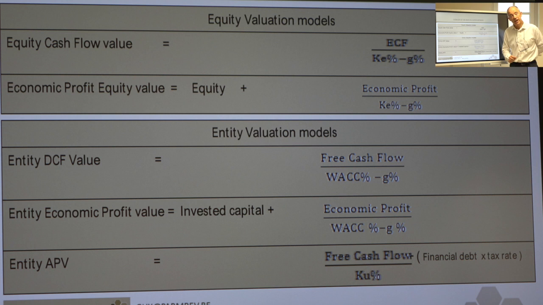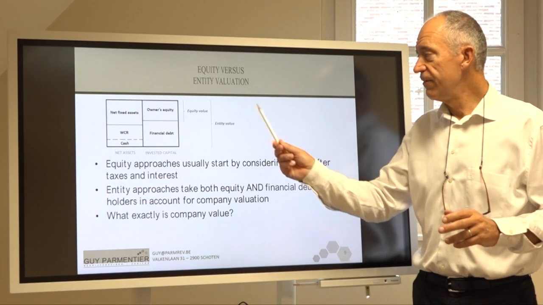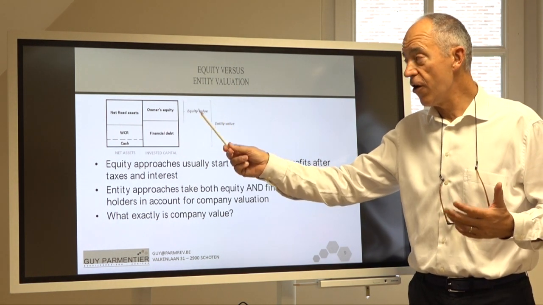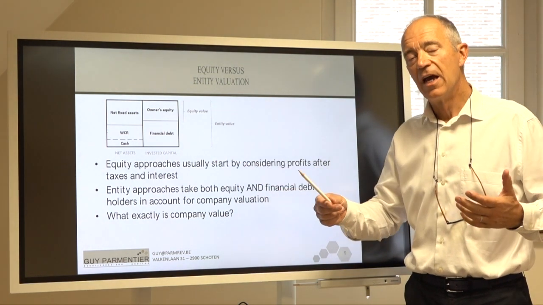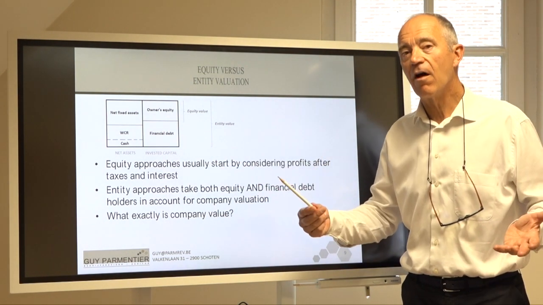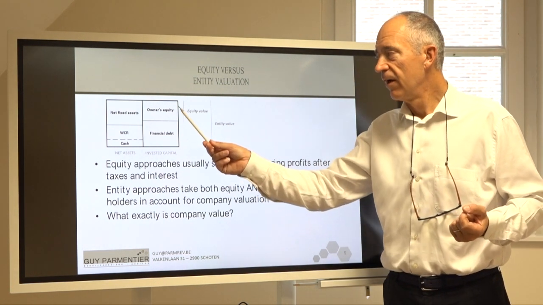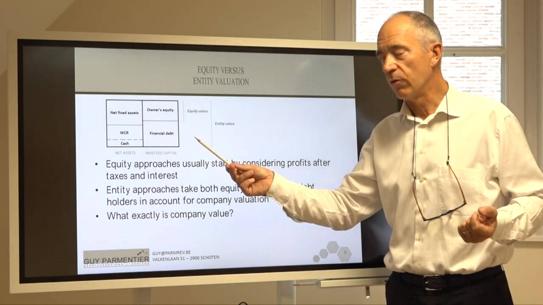What is free cash flow? If we are calculating the entity value of the company, we are calculating what we call the firm value, and we are calculating in fact the value of the invested capital of the company, the capital employed of the company. That means the value of owner's equity and interest-bearing debt holders.